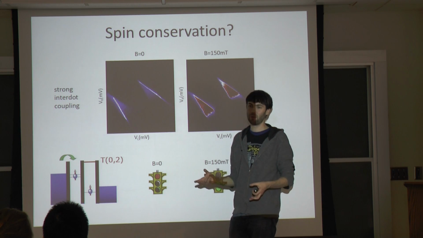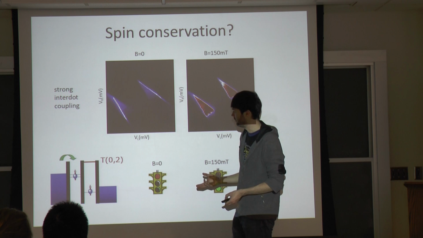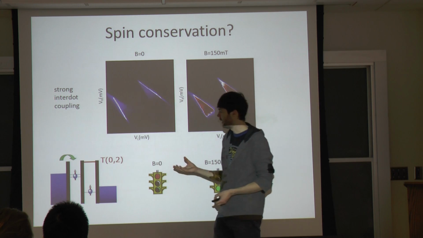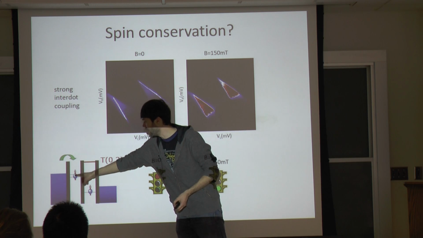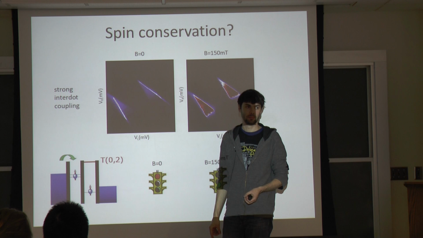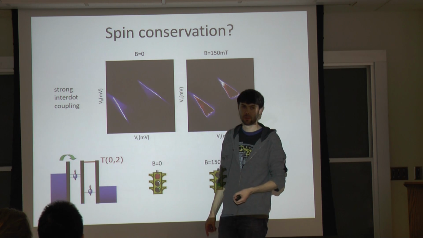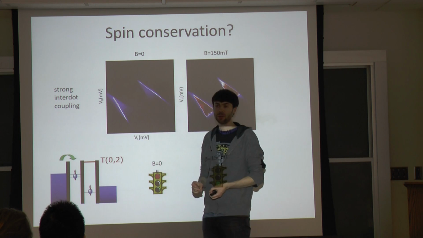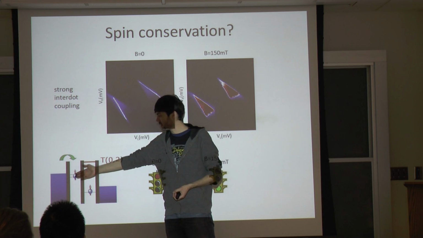All right. The answer I'm looking for is what is a necessary ingredient for spin blockade: tunneling from (1,1) to (0,2) must conserve spin. So if that's the case, current will be blocked because there is no way for this guy to tunnel.